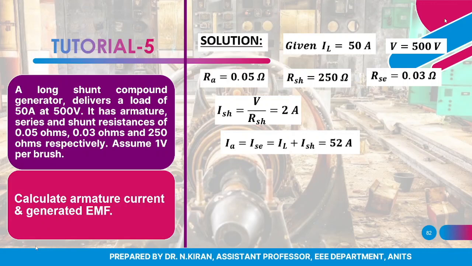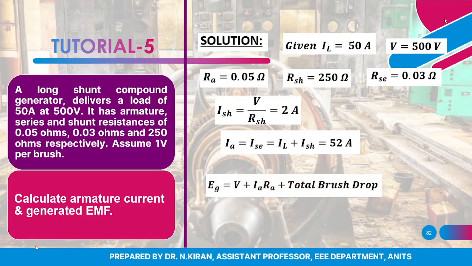So we already know IL, we already calculated ISH, that will give me armature current value to be around 52 amps. We also need to find generated EMF, which is V plus IA RA plus total brush drop. Here total brush drop is 2 volts, and just substituting all the values, that will give me my generated EMF to be around 506.16 volts.